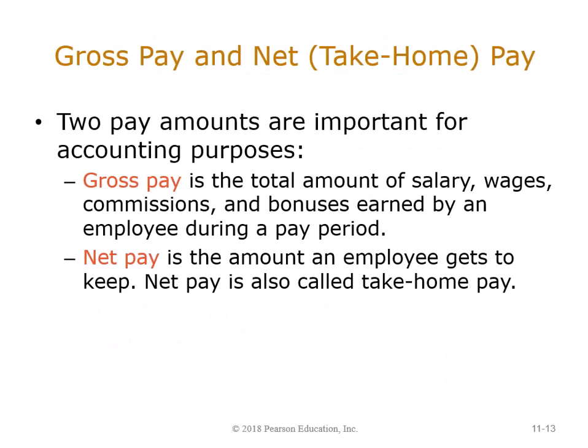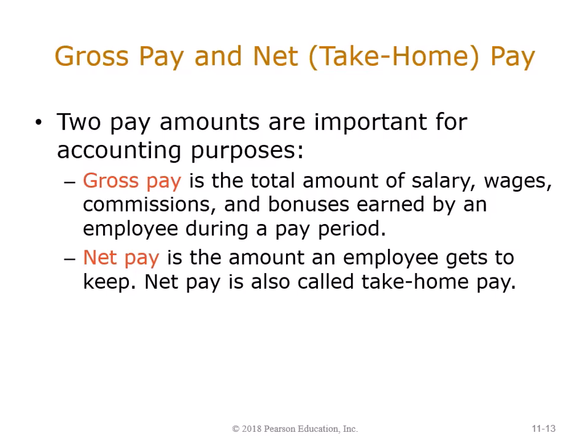Okay. Now we have two amounts that are very important, and I feel confident that most of you are probably familiar with these amounts. If you've ever received a paycheck, you're probably familiar with this. Gross pay is going to be the amount that you earn. In our previous example for Ryan, it was the $645 that he earned for completing work.